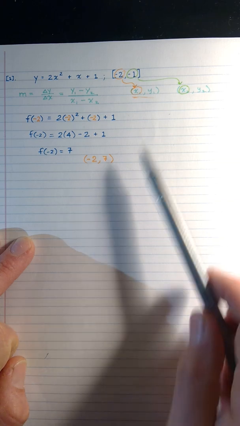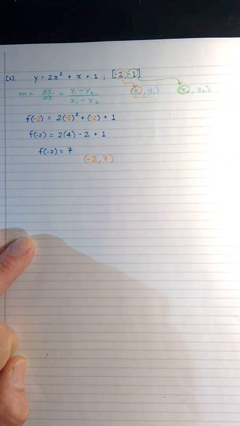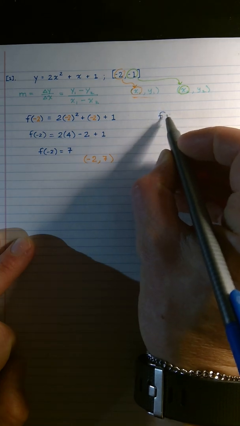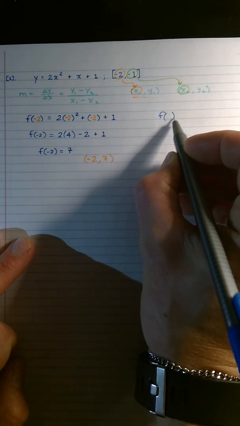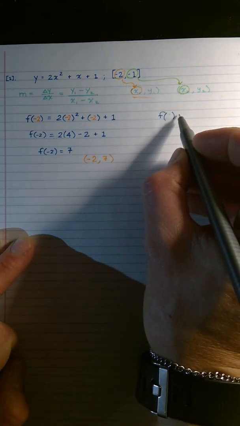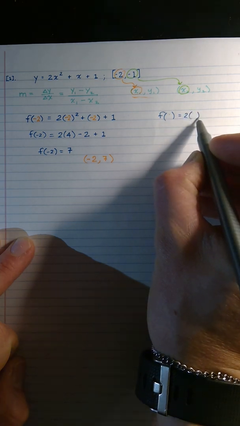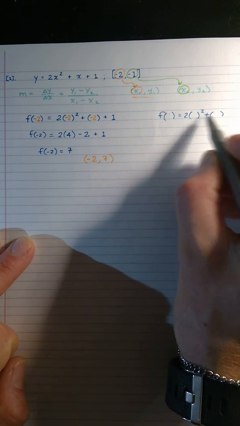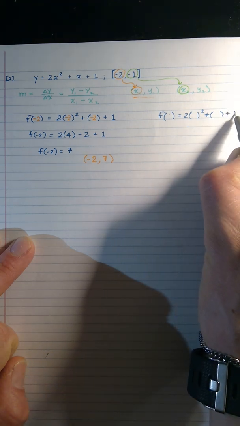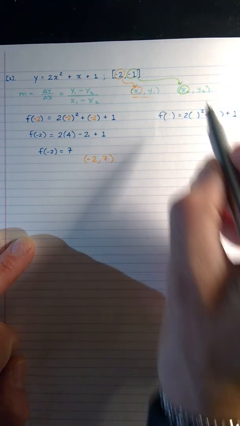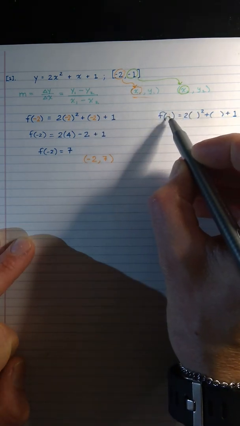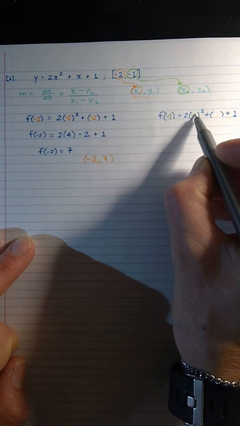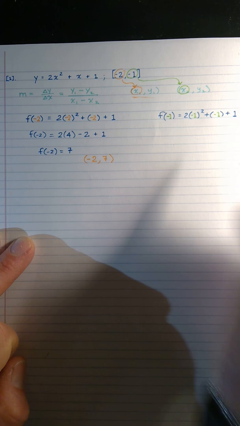Well, we're going to do a very similar thing for this other one. We'll plug in -1: 2 times something squared, plus that same something. We're replacing x with a placeholder, and then we put the actual x value in. That's the f of -1, right?